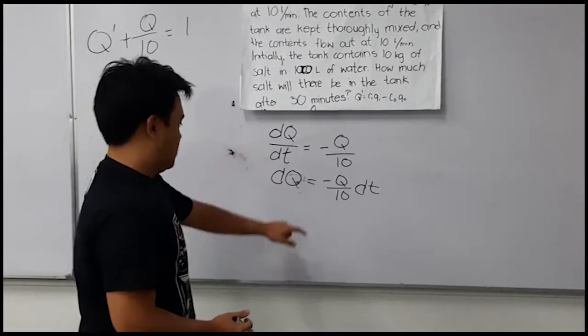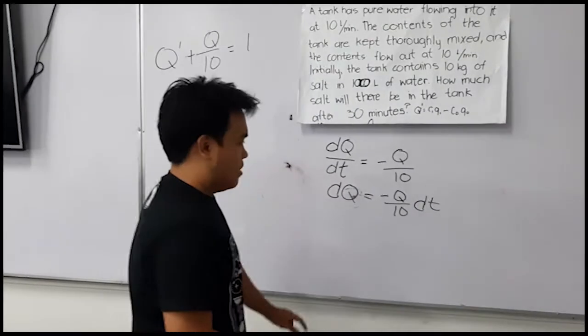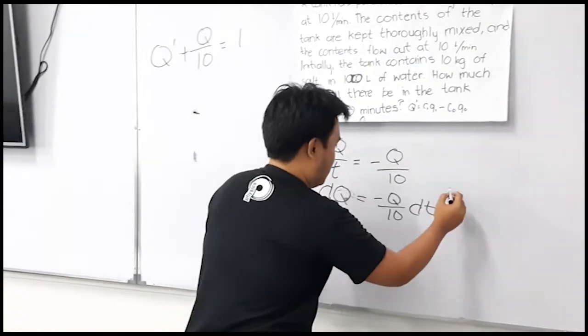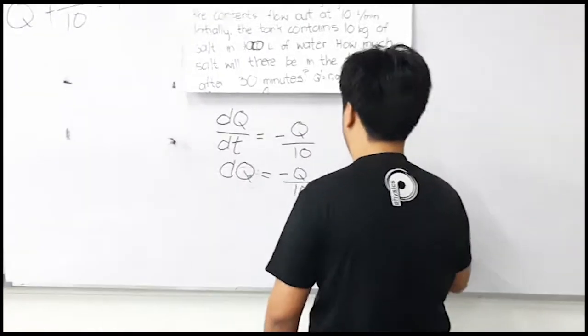So, to transfer q to the other side, I will multiply by 1 over q.